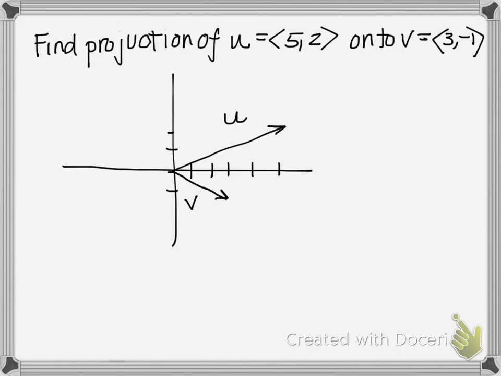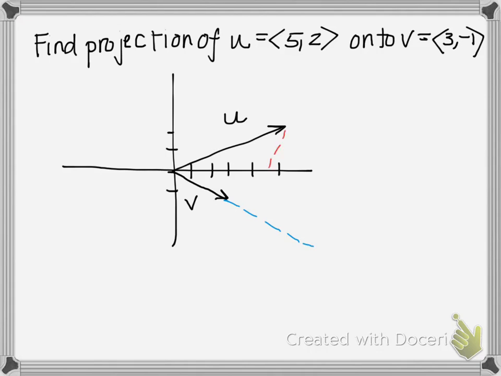And I want to find the projection. There's some funny writing for projection here: the projection of u onto v. So remember how I defined it before? I said that we're dropping a perpendicular line down to the other vector at a right angle.